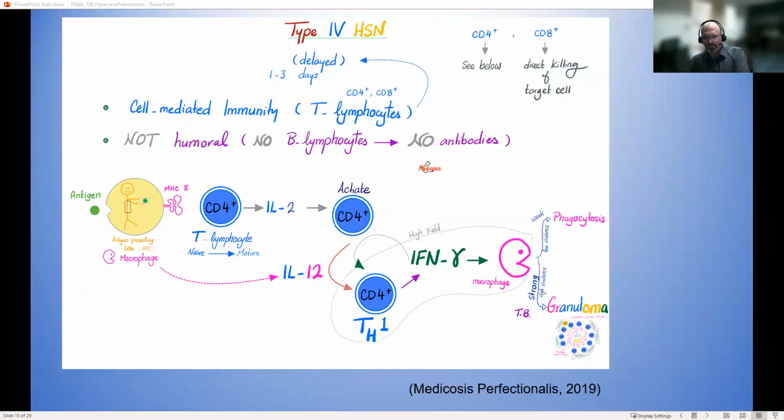Type 4 sensitivity, again, is delayed. It's several days, 1 to 3 days later. Cell-mediated, no antibodies are involved, but the body is aware of this antigen, has been sensitized to it. So you're exposed to this antigen again.